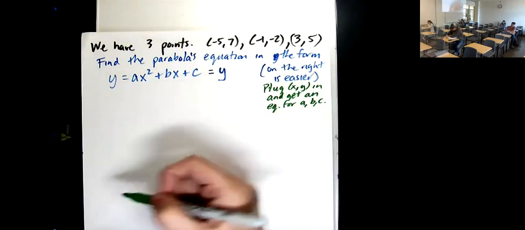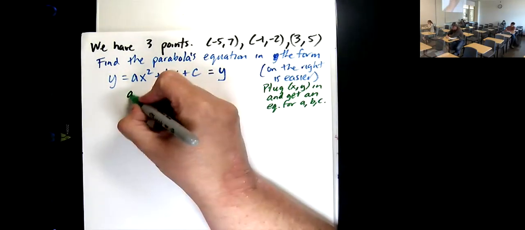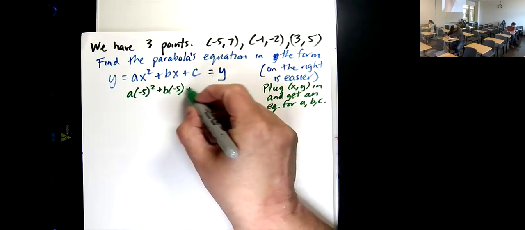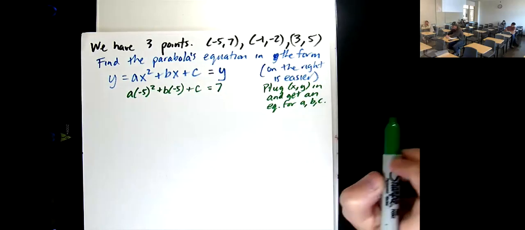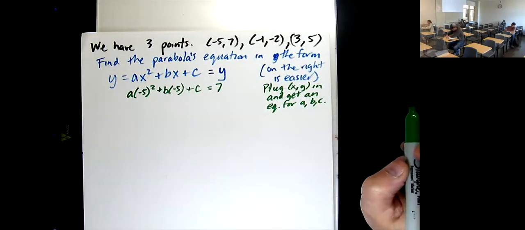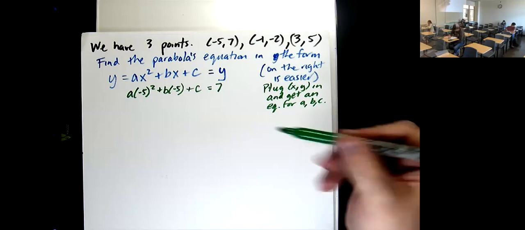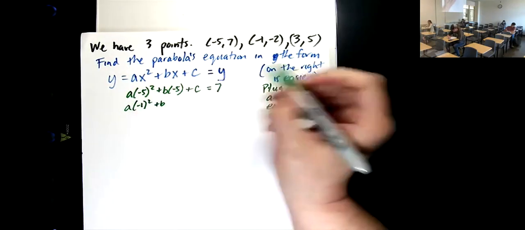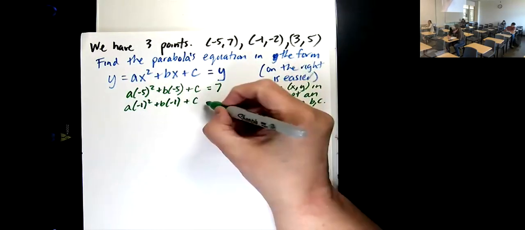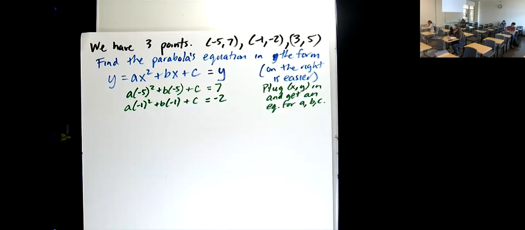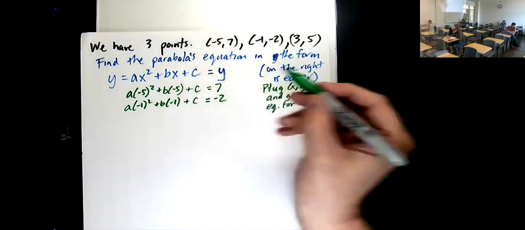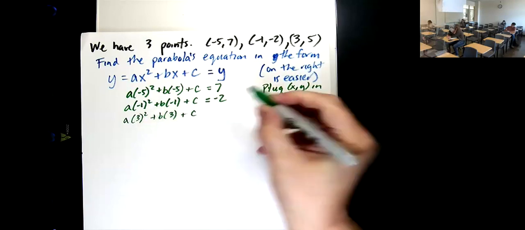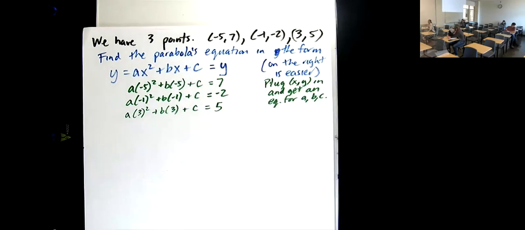So if I plug in the -5 and the 7, I have a times -5 squared plus b times -5 plus c equals 7. I'm going to do that for each of them, and then I'll clean them up. a times -1 squared plus b times -1 plus c equals -2. And a times 3 squared plus b times 3 plus c equals 5.